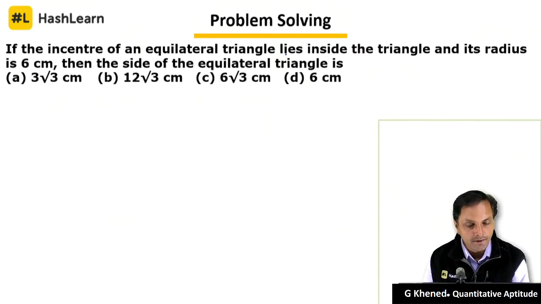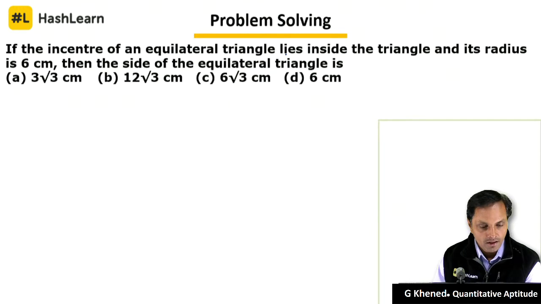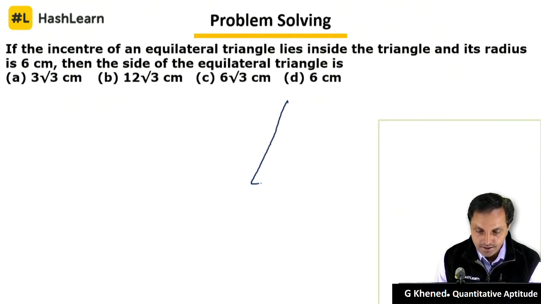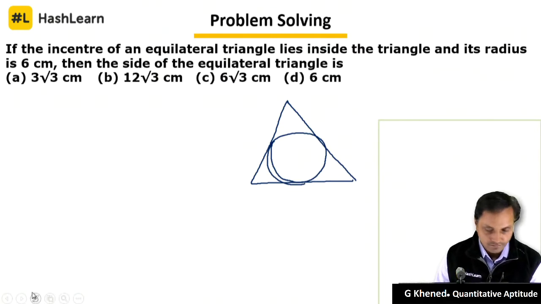The incenter of an equilateral triangle lies inside the triangle and its radius is 6 centimeters, then what is the side of the equilateral triangle? Okay, there is an equilateral triangle like this, and this is your circle.